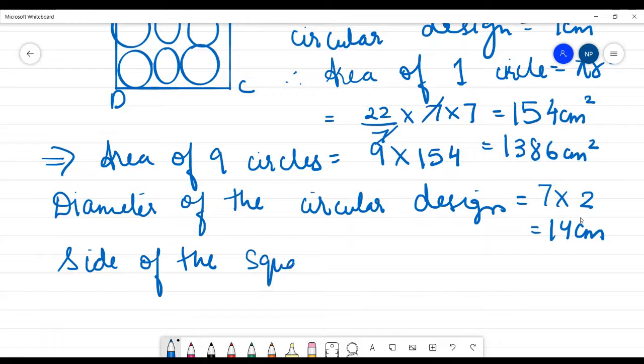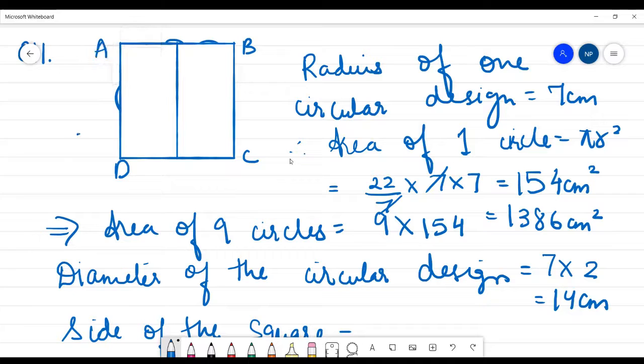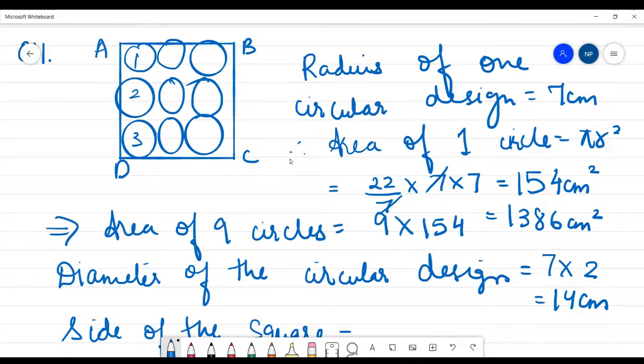will be how much? If you must see in the diagram, children, there are three circles, isn't it? 1, 2 and 3. So if I take all the diameters of the first one and of the second one, then of the third circle, what will I get? I will get this diameter. Now these are joined, okay?